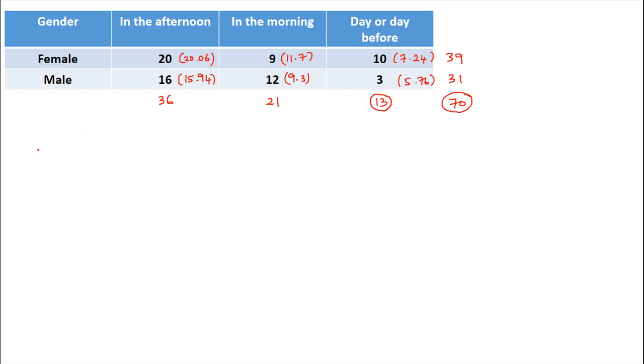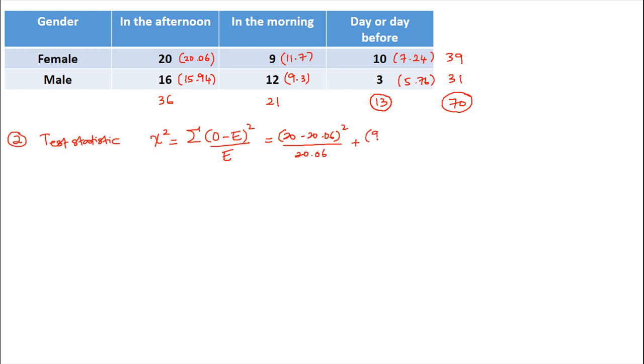Okay, now we proceed to the second step. We have to calculate the test statistic. Test statistic chi-square is equal to the sum of observed minus expected square divided by expected. So this is equal to 20 minus 20.06 square divide by 20.06 plus this is 9 minus 11.7 square divide by 11.7.